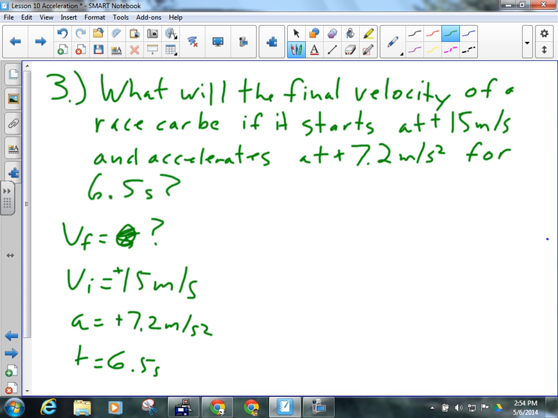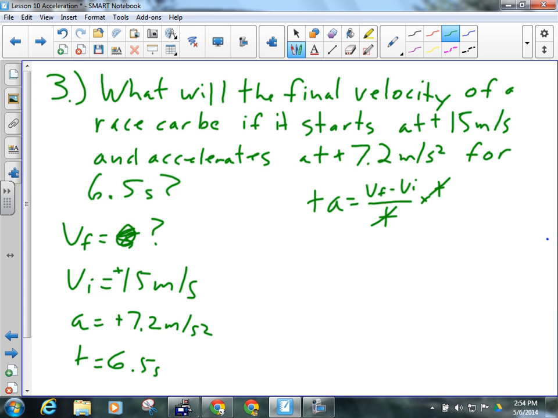If I want to solve now for VF, I've got A equals VF minus VI over T. First thing I want to do, multiply both sides by T. Now I have T times A equals VF minus VI. If I want to get VF by itself, I need to add VI.